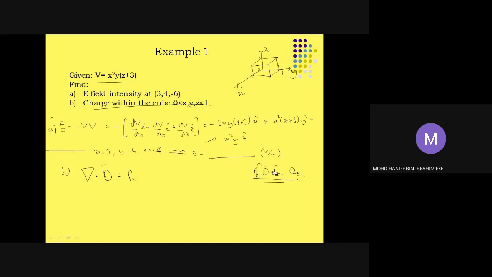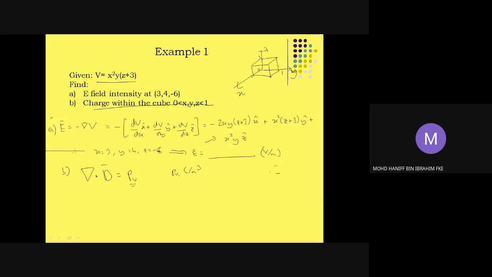So you're going to use this equation to find the charge within the cube of x, y, z from 0 to 1. The purpose of using this equation is that by using the divergence of D, we can find the rho v, the charge density in coulombs per meter cubed.